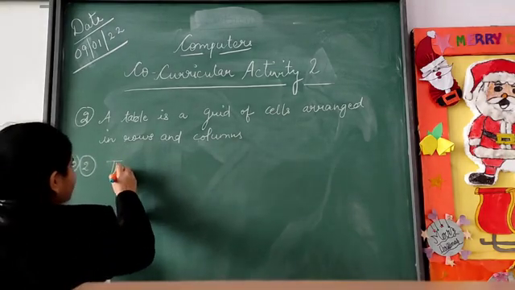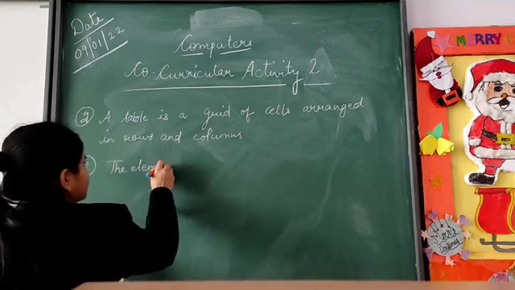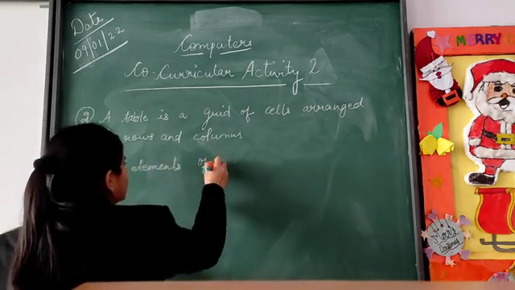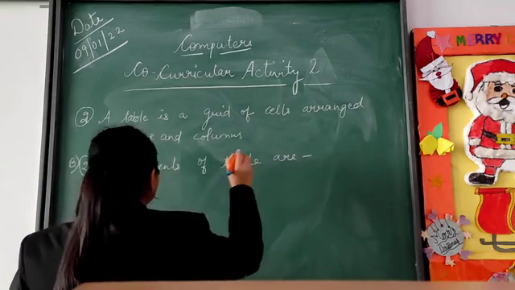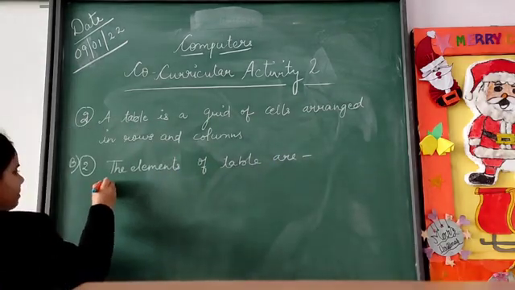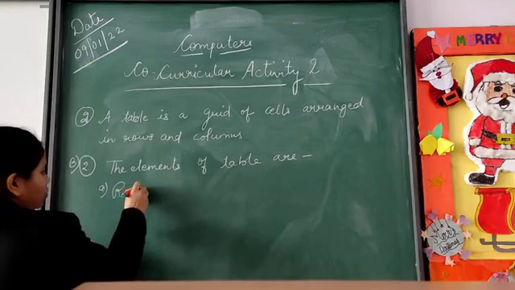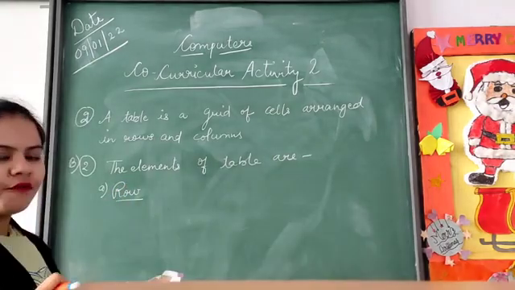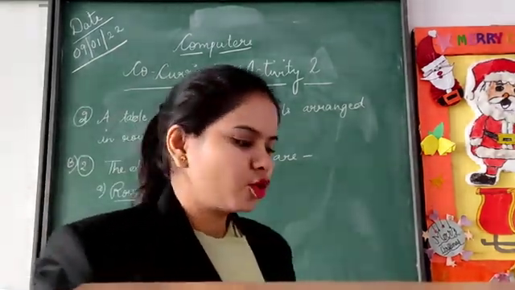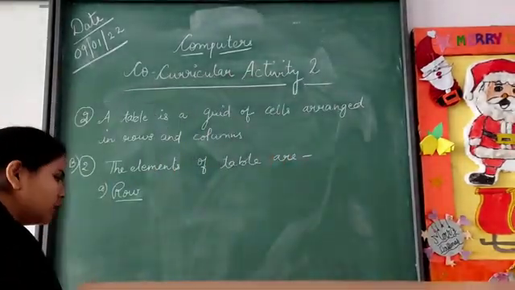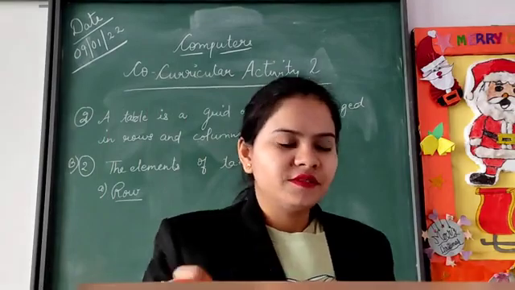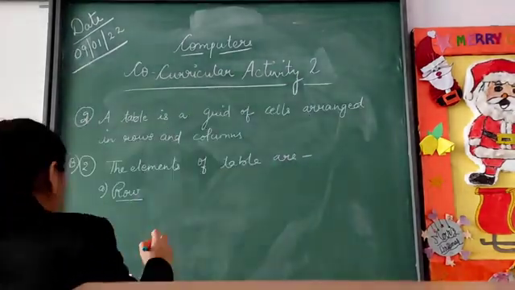So the elements of table are row and column. Row is an element of table and the second element is column. Now we are going to write down the definition of row as well as column.